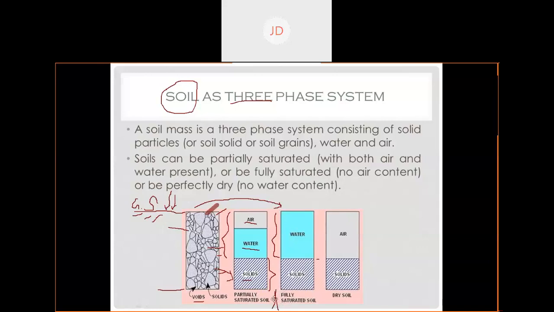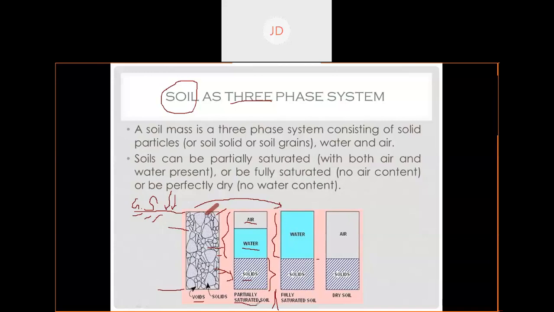If the voids are fully filled with water, then it is known as fully saturated soil. And if the voids are not fully filled with water, partially, so some air may be present in the voids, then it is known as partially saturated. Saturation, this term represents the presence of water in voids, in this particular engineering term.